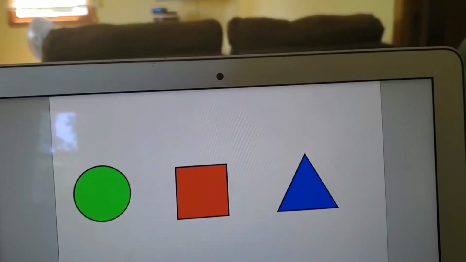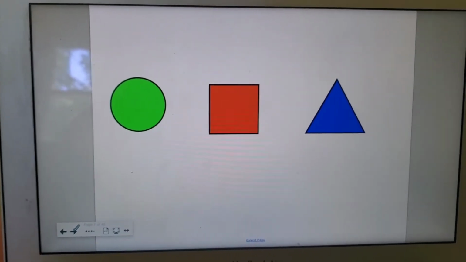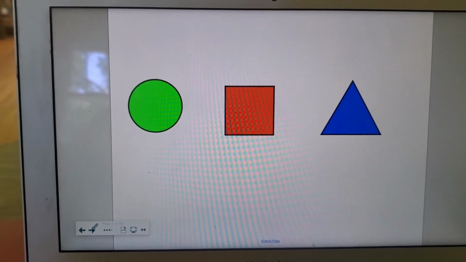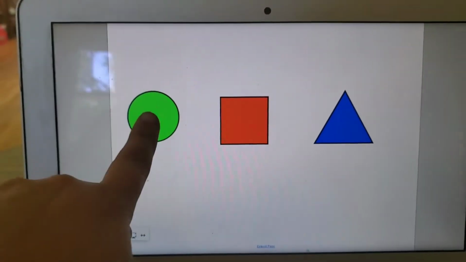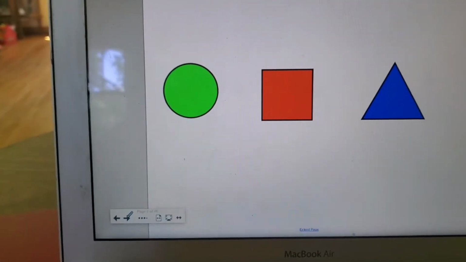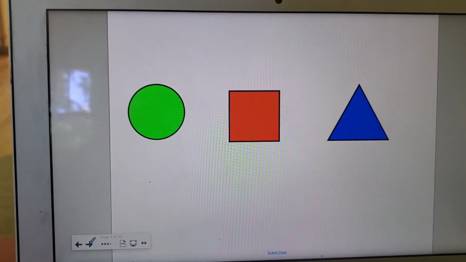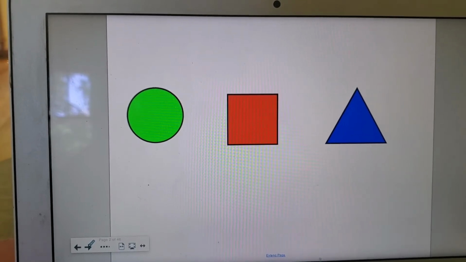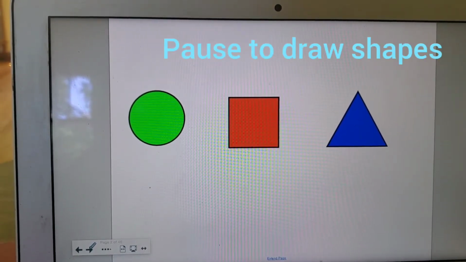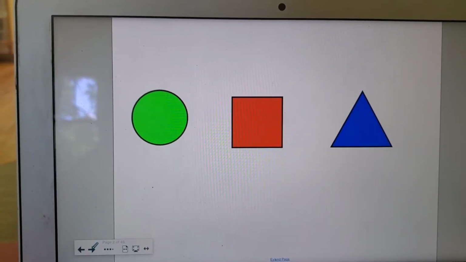Great. So now that you have your pencil and your paper, I want you to draw these three shapes: circle, square, and triangle. Okay. So pause this video and get those shapes on your piece of paper. Okay.